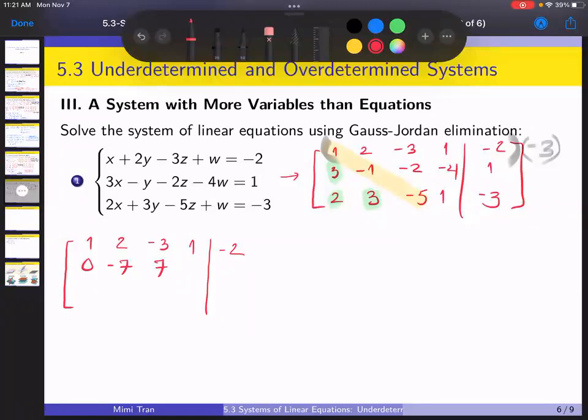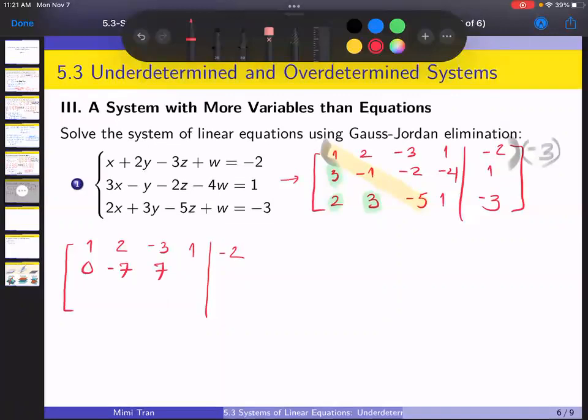Add to -4 is -7. -3 times -2 is +6. Plus 1 is 7. I need to eliminate 2. What do I do? Multiply the first row by -2 now, right? I'm just doing it fast. I don't write it out. 0.